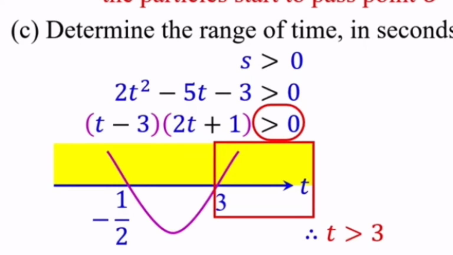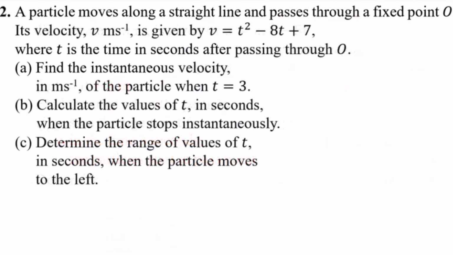Okay, so let's see number 2. A particle moves along a straight line and passes through a fixed point O. Its velocity v meter per second is given by v is equal to t squared minus 8t plus 7, where t is a time in second after passing through O. Find the instantaneous velocity in meter per second of the particle when t is equal to 3.